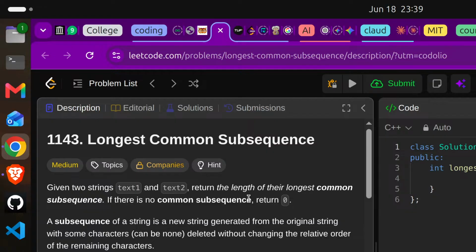Okay, here. What is it? Oh, 2D. Okay, let me see.